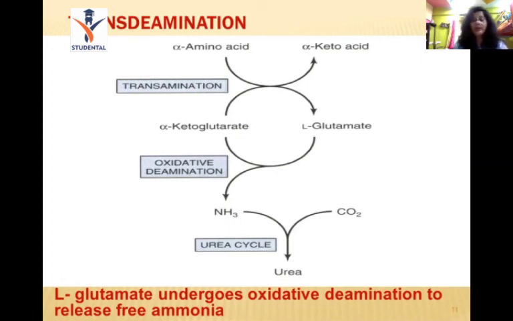That's why both these reactions are also termed together as transdeamination. So transdeamination is an important part in the catabolism of amino acid, and this ammonia which is released by this reaction is toxic. So it needs to be handled in a very proper way, and this we will see in the next lecture.